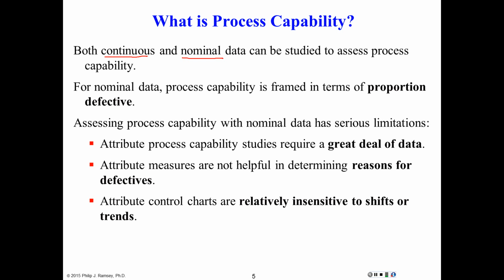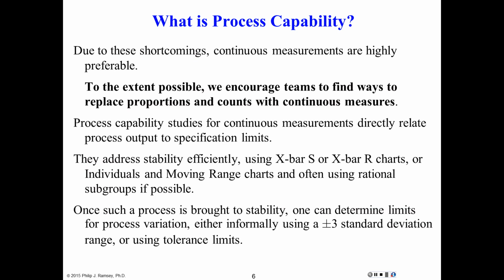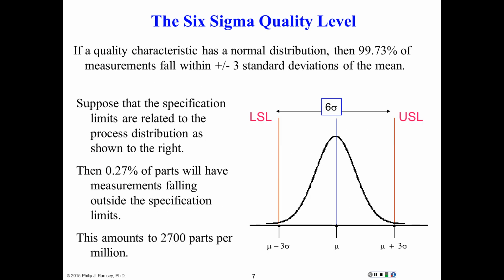So our focus is on continuous. If you have something nominal, such as the only measurement you can make is simply something passes or fails, or is a success or a failure, and so forth, then we have to talk in terms of parts per million. Okay. As I said, I won't talk about every single slide.